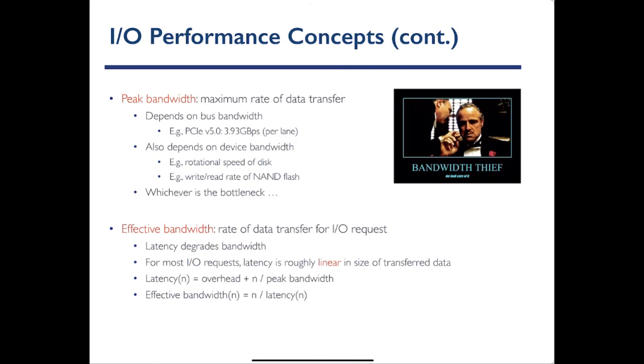The effective bandwidth depends on, for example, how frequently you're creating requests. If you're not sending any requests to your SSD, your effective bandwidth is 0. Your maximum bandwidth could be some number of gigabytes per second, but you're just not using it, right? So effective bandwidth is always less than the peak bandwidth, obviously.